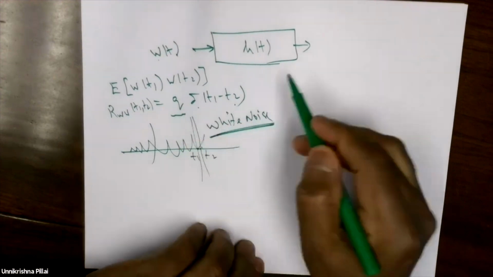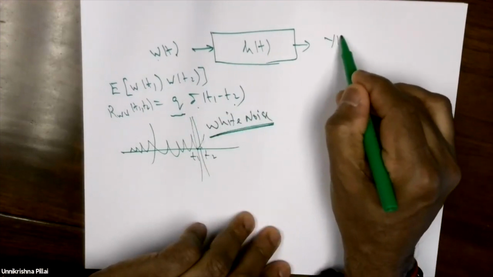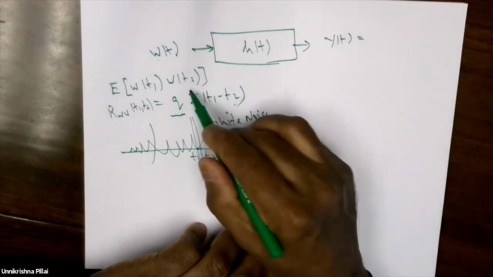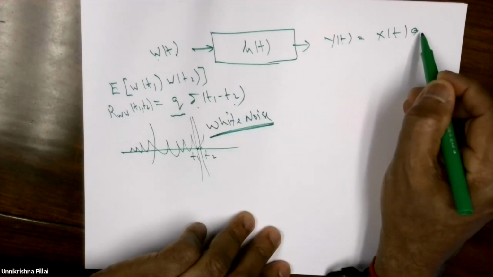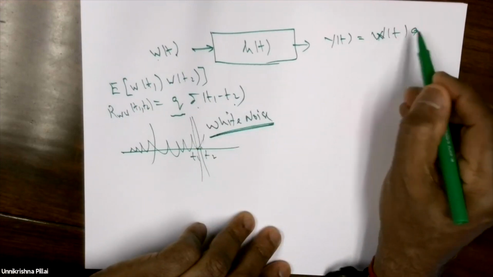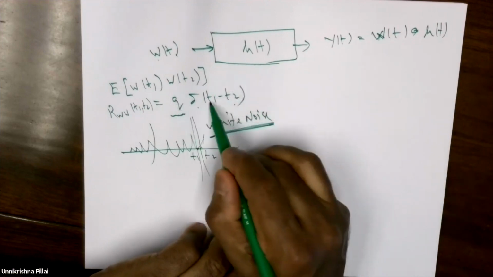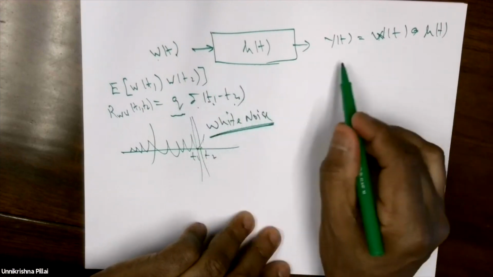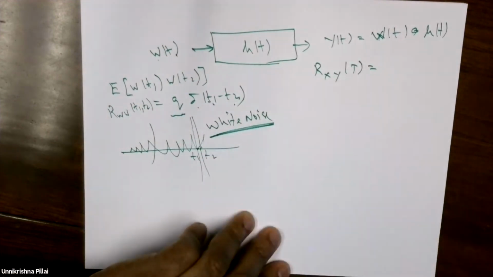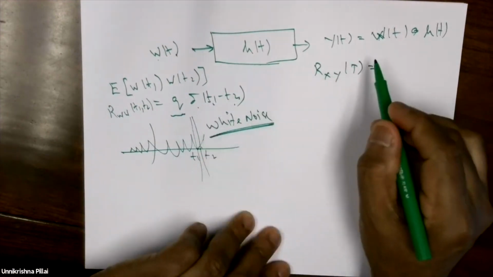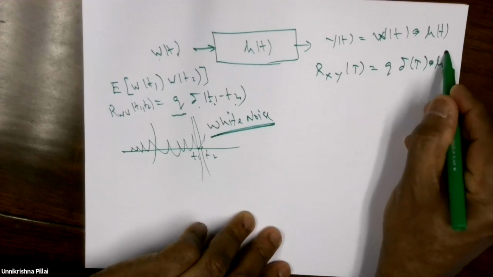If this is the input, look at the output. The output y of t will be, of course, w of t convolved with h of t. Remember this is already wide-sense stationary. So the Rxy of tau will be Rxx of tau, q multiplied by delta tau, convolved with h star of minus tau.